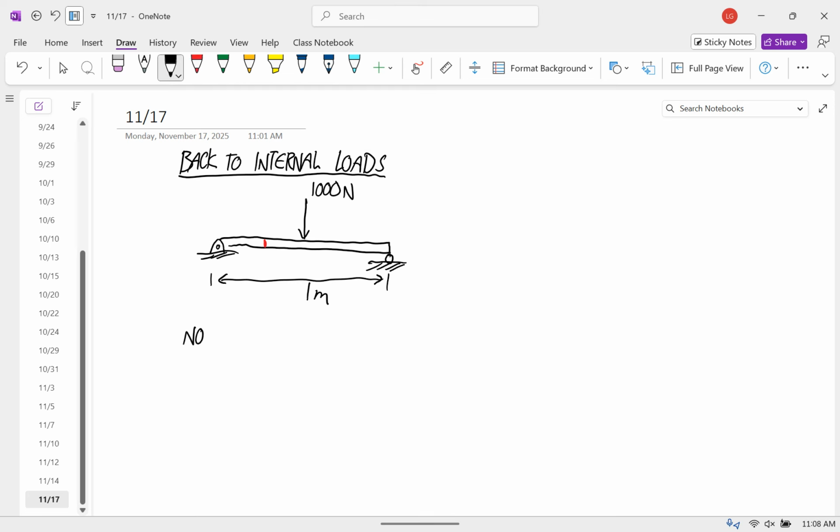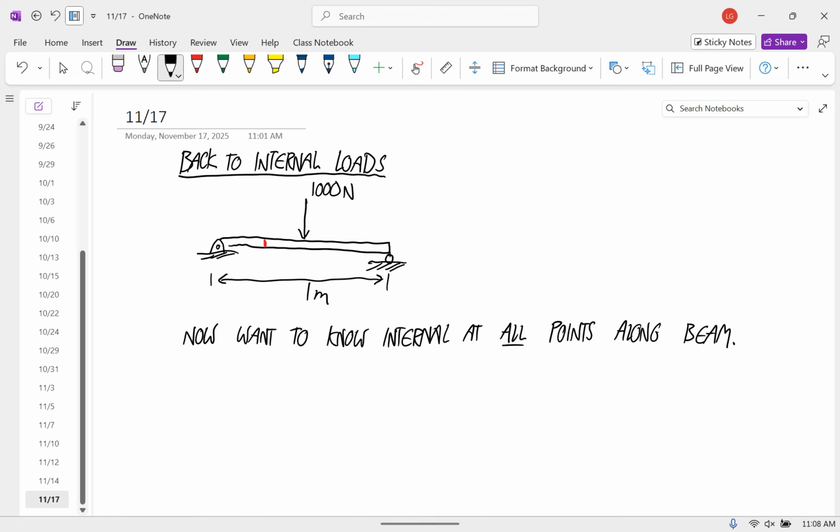So now what we want is to know the internal loads at all points along the beam. I said one way to do it is to do 100 different calculations. You could do it by hand, it just takes a long time.